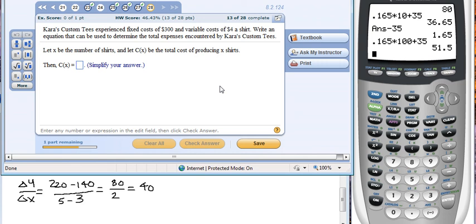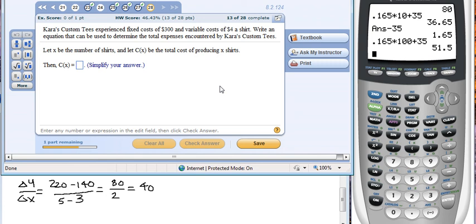Okay, so it's probably for using the machine and making the logo and, blah, blah, blah. The variable cost is $4 a shirt, and it varies on how many shirts you have. So if you have one shirt, it costs $4. If you have two shirts, it's $8. If you have three shirts, it's $12, but you always have that $300.